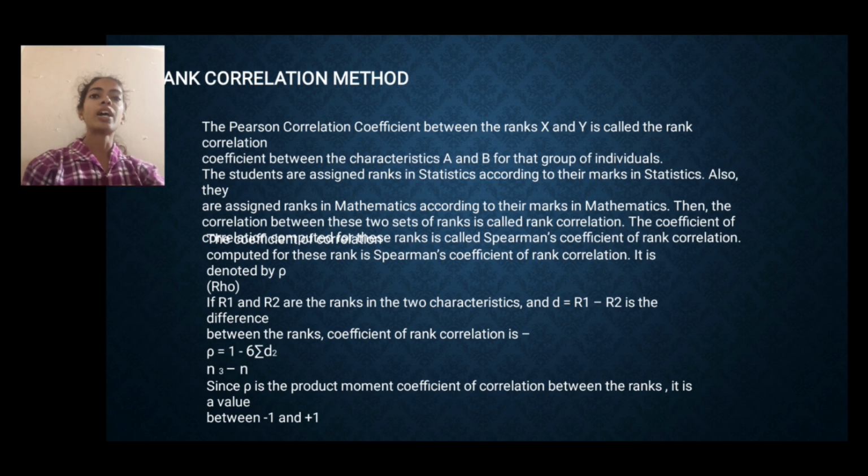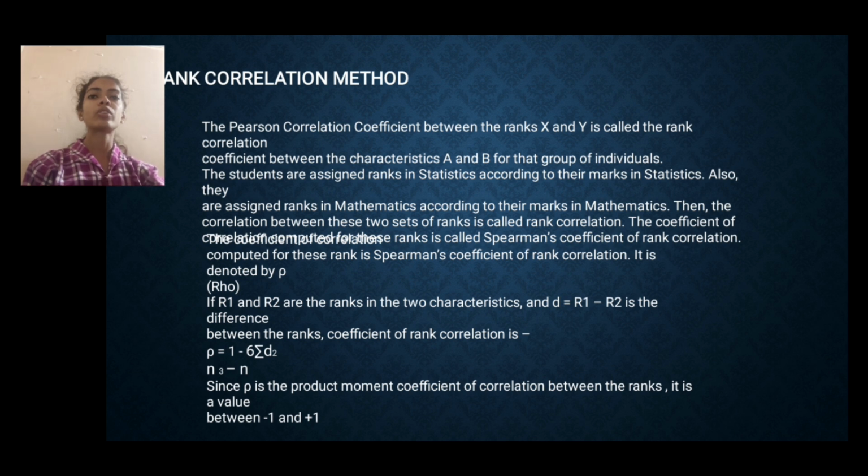If R1 and R2 are the ranks in the two characteristics and D equals R1 minus R2 is the difference between the ranks, the coefficient of rank correlation ρ is equal to 1 minus 6 summation D square divided by n cubed minus n. Since ρ is the product moment coefficient of correlation between the ranks, it is a value between minus 1 and plus 1.